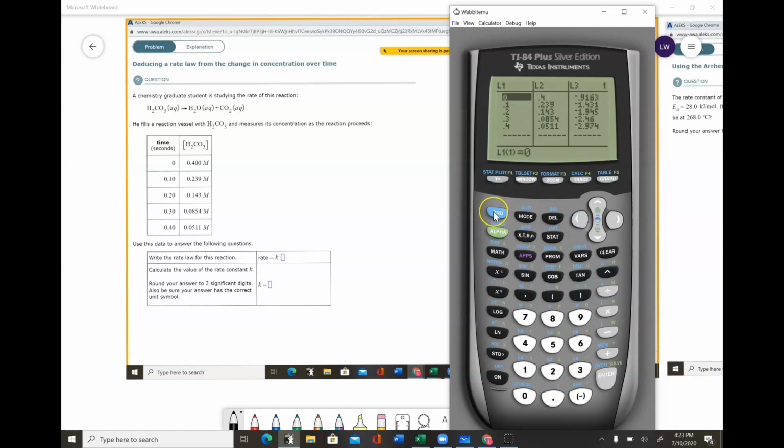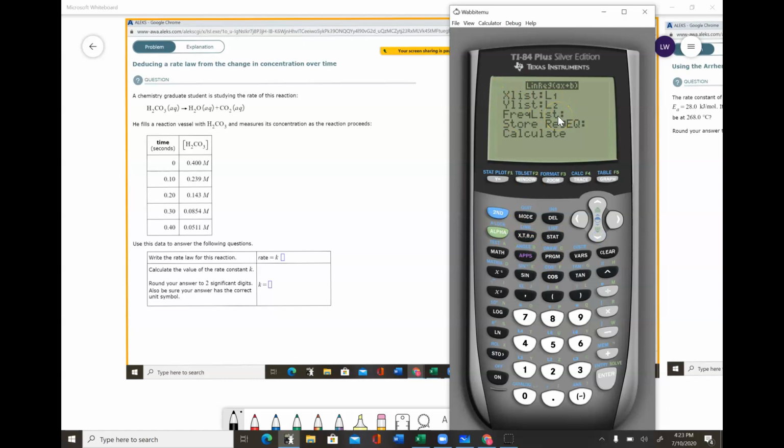Now I'm going to go back into stat, and actually do a calculation. The type of calculation I'm going to do is called a linear regression. So I hit number 4, and I have to say what my lists are. My X list is going to be my time, which is list 1, and I'm going to check first order first, which is the log values, right?